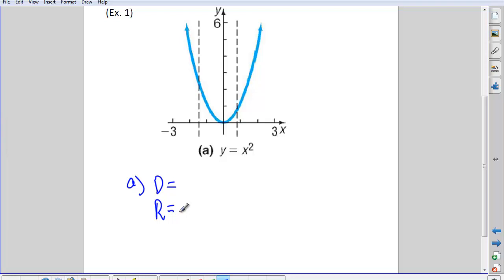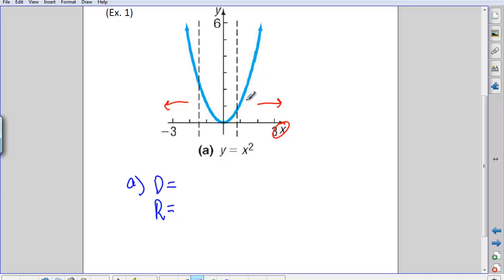So for this graph right here, the domain, remember the domain is our x values. What x values show up on our graph? X values being the horizontal axis. So we need to ask, is there a left boundary and is there a right boundary for this graph?